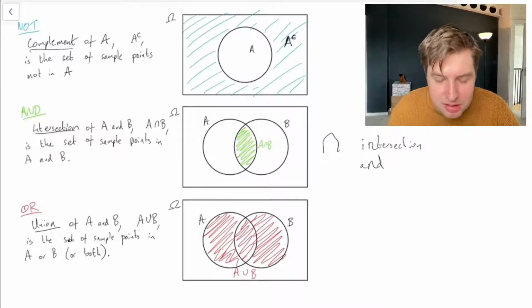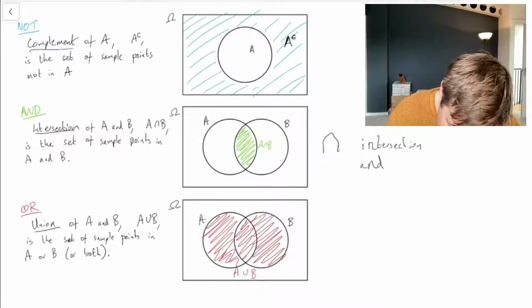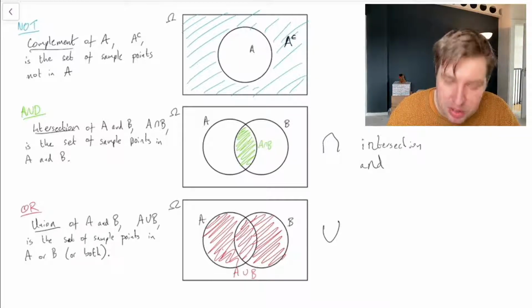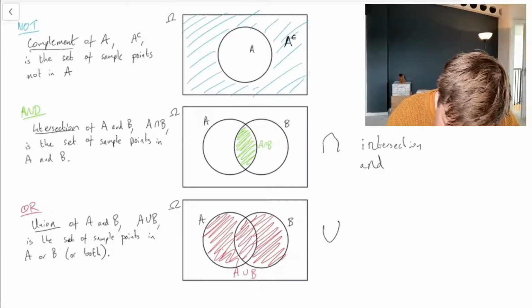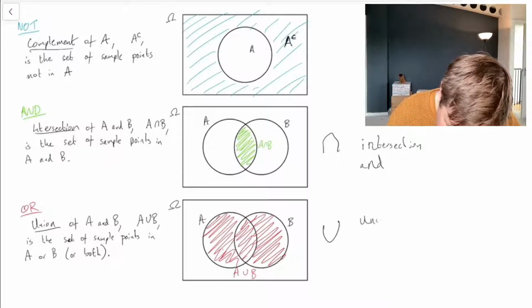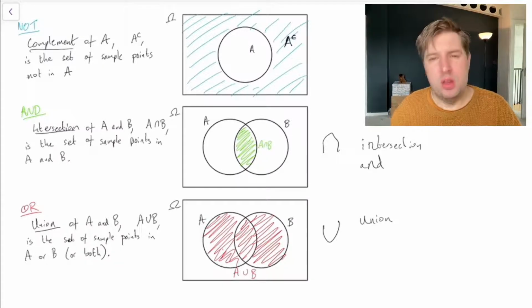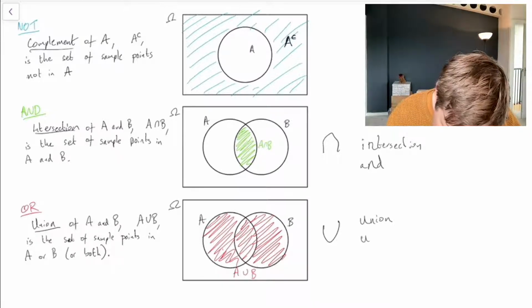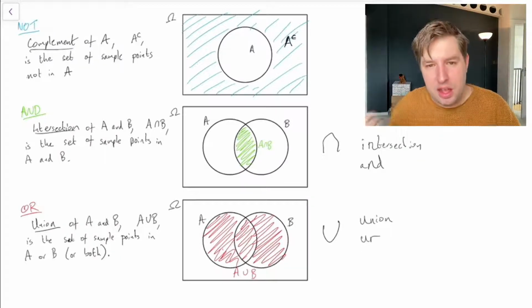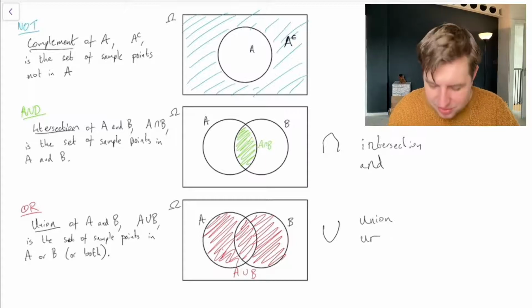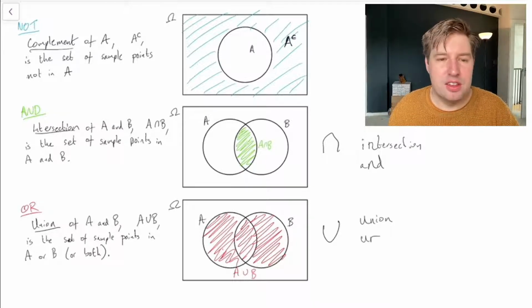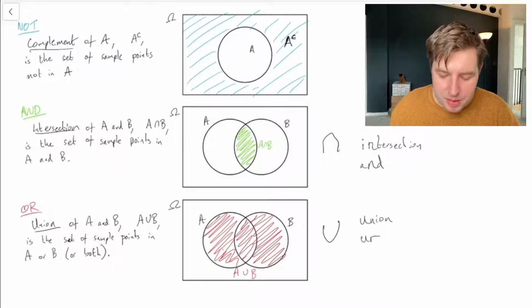And I'm also not ashamed to say I remember the symbol for union, because it looks like a lowercase u, which is the first letter of union. And if you say or in a really funny voice, you can make it sound like it starts with the letter u. And so that is still how I remember which way round the intersection and union signs are. If you can actually remember it properly, then good for you. This is how I remember it.